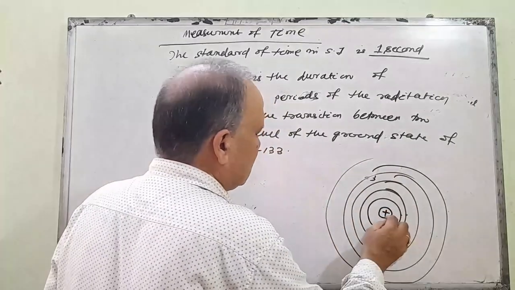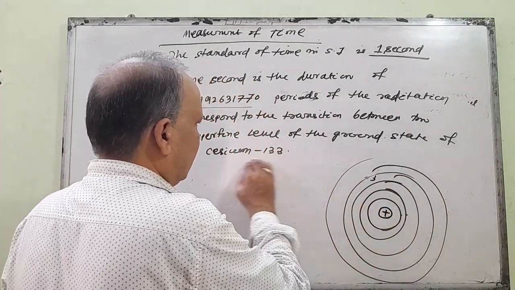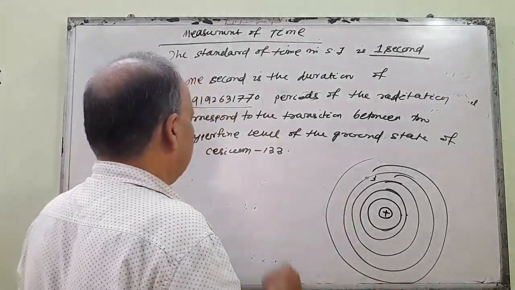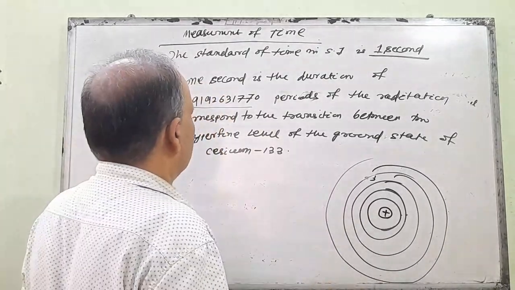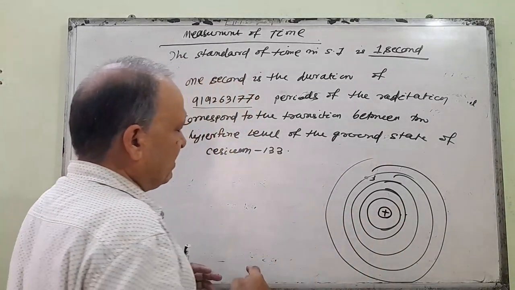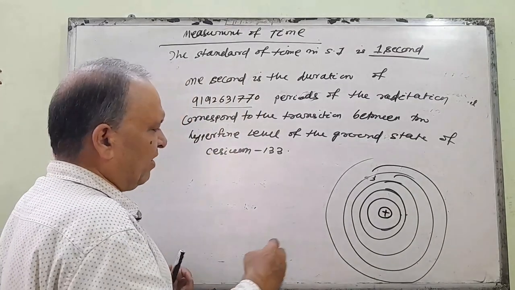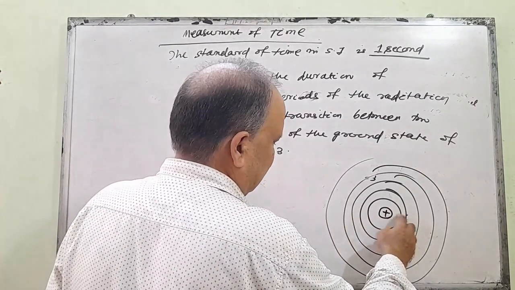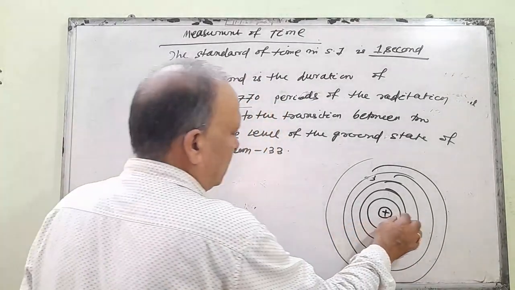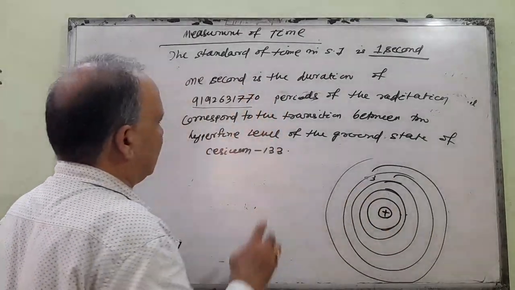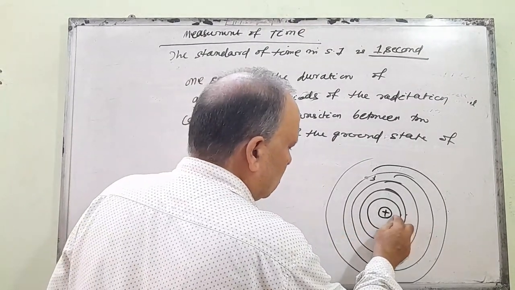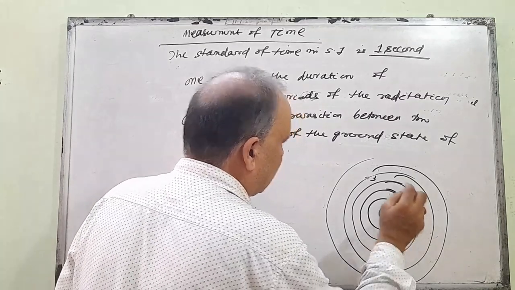When you take cesium 133 and keep it in ground or normal state, the electron transfer takes place between two levels of cesium 133. It will take some time to transfer from one level to the other level.